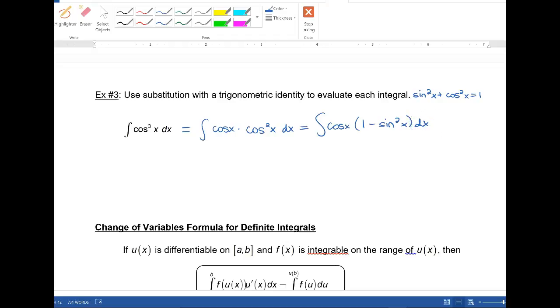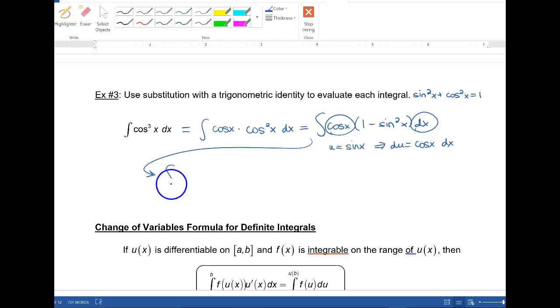So now what am I going to make my u equal to? I'm going to let u equal sine of x, because that's the part that's getting squared. So now du is cosine of x dx, which I happen to have here. So now I'm going to rewrite this.